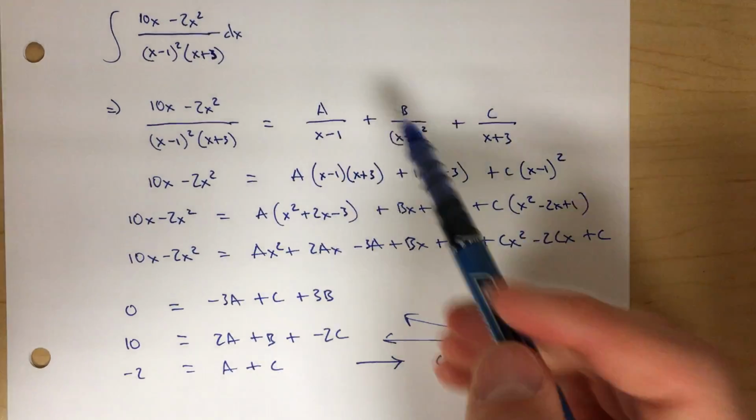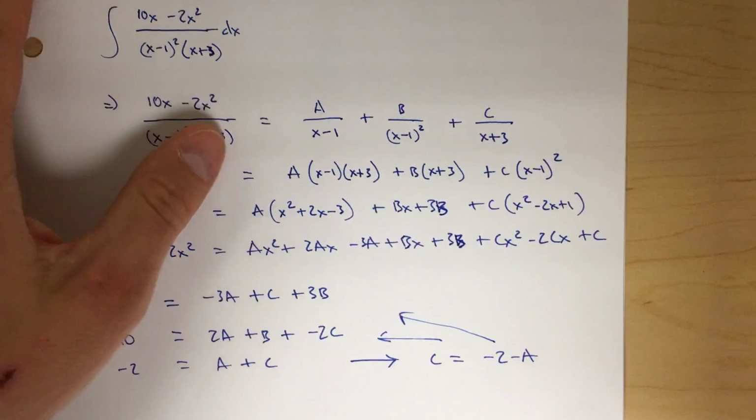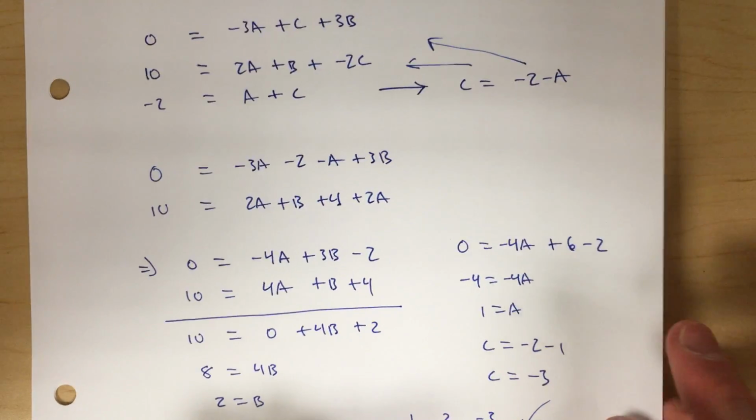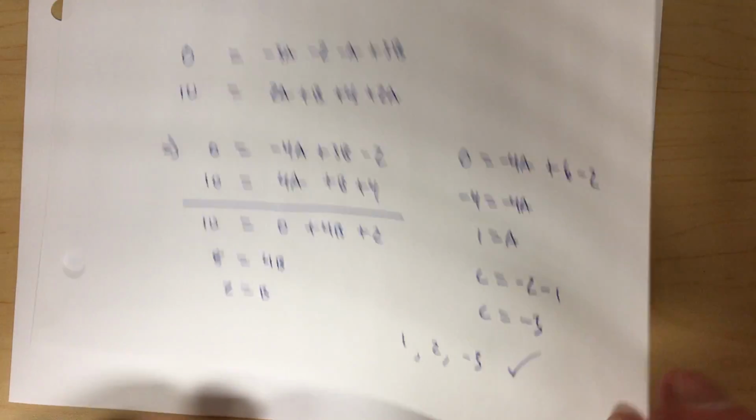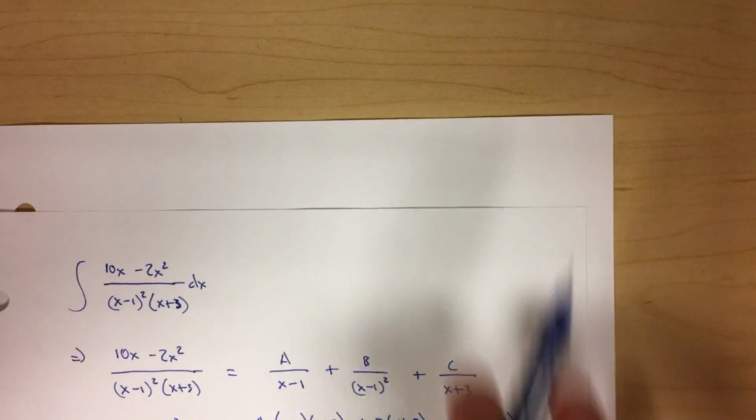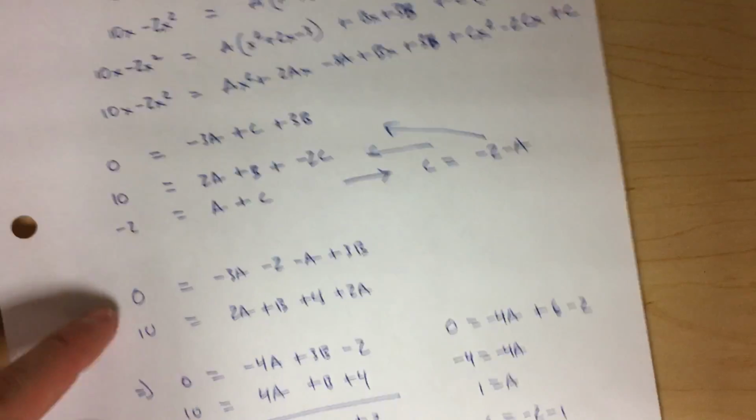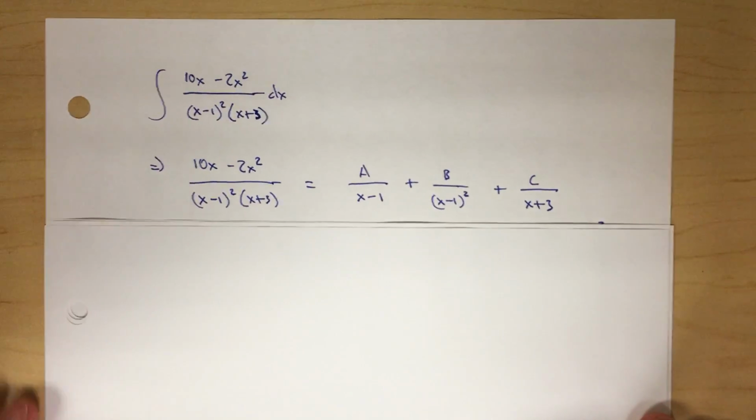Just to remember, we had to add an extra b over x minus 1 squared, and that's going to give us this. Now let's apply that to what we want. We want to write this in this form.